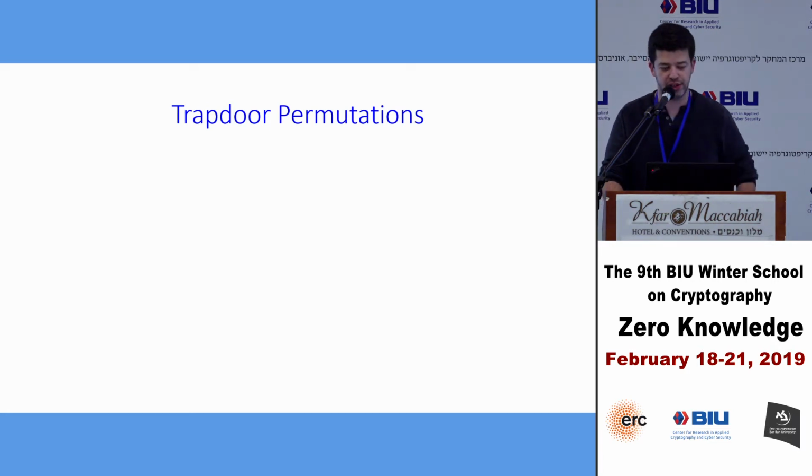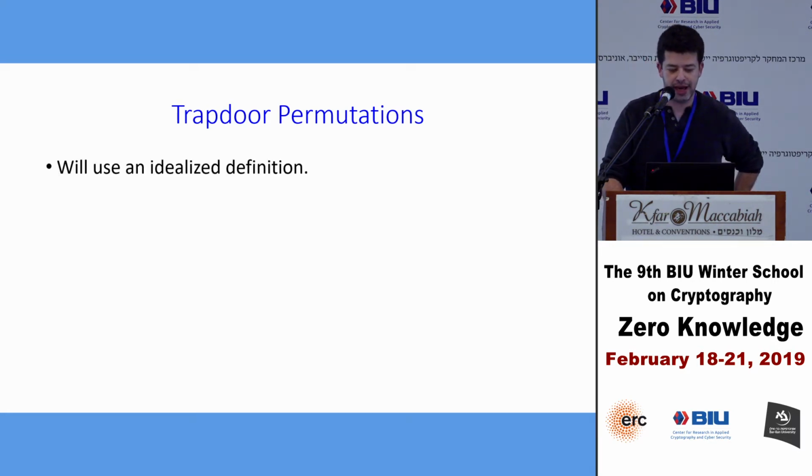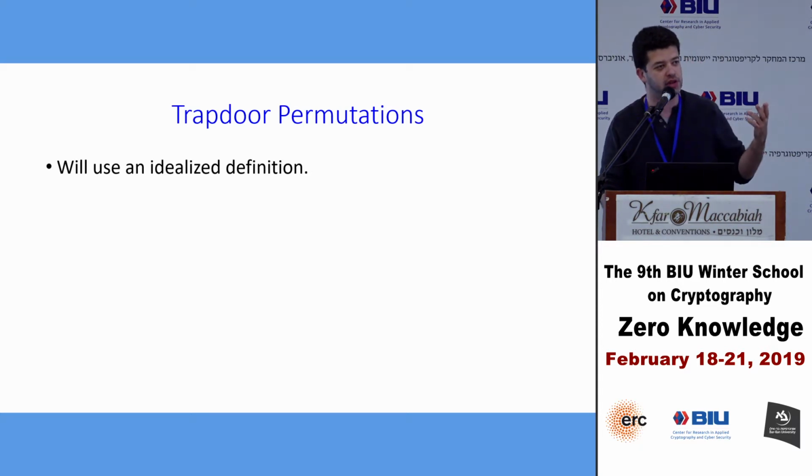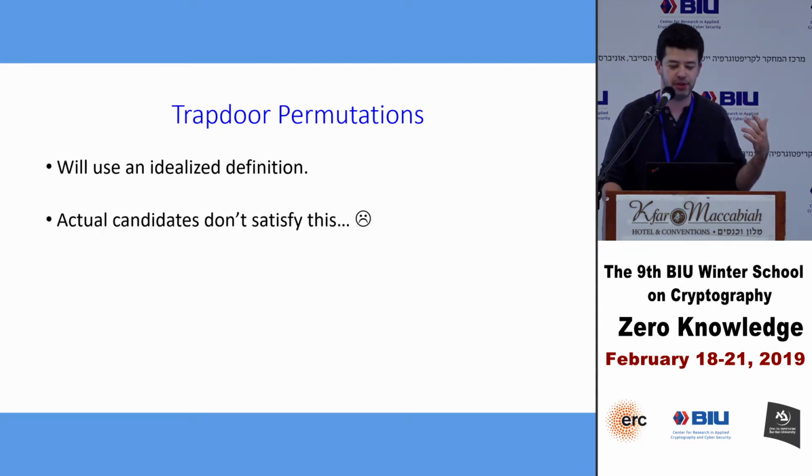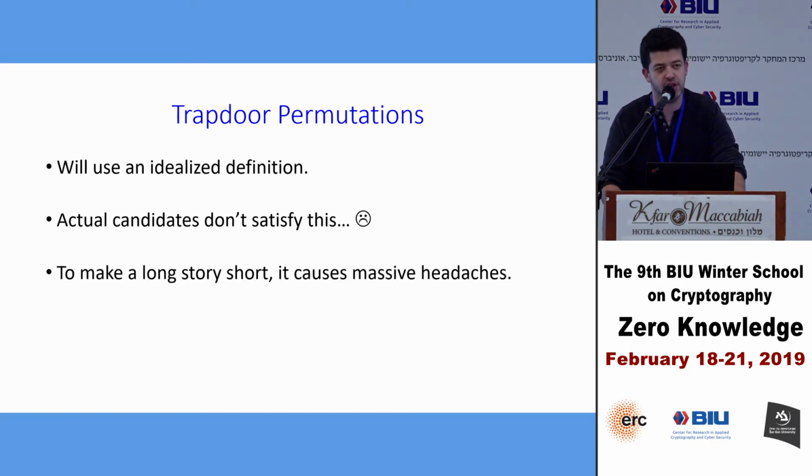So what are trapdoor permutations? And actually, the definition that I'm going to present today is somewhat of a dream version of trapdoor permutations. In particular, and somewhat sadly, the actual candidate constructions that we have don't satisfy this dream version, which is somewhat unfortunate. And in particular, it causes massive headaches in the actual compiler from hidden bits to non-hidden bits.